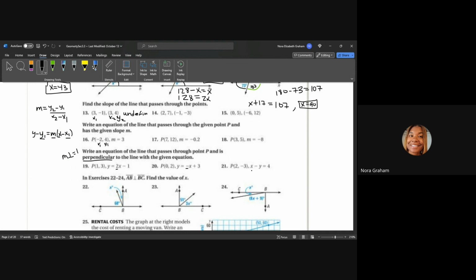To do that, I'm going to subtract x from both sides. So I have negative y equals negative x plus 4. Again, I want to isolate my y. My y is not isolated because it's being multiplied by that negative. So I multiply or divide both sides by negative. When I do that, I get y equals x minus 4.